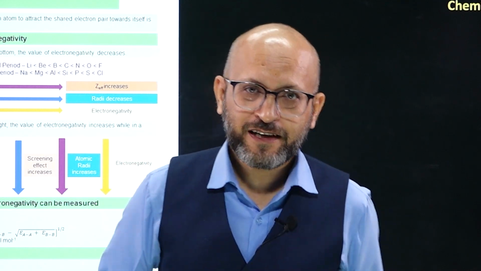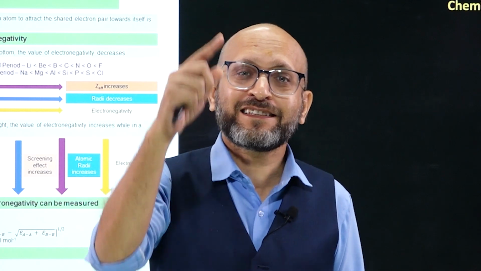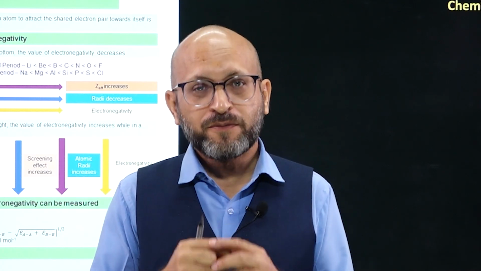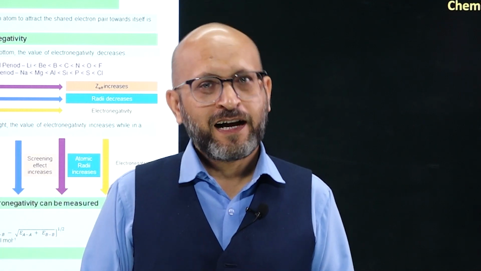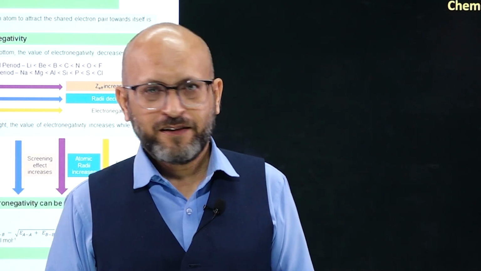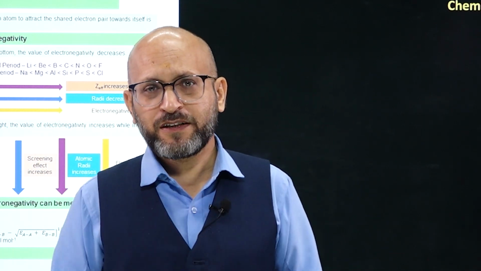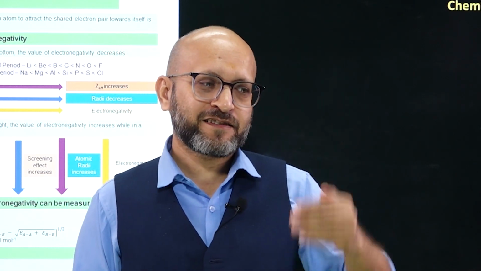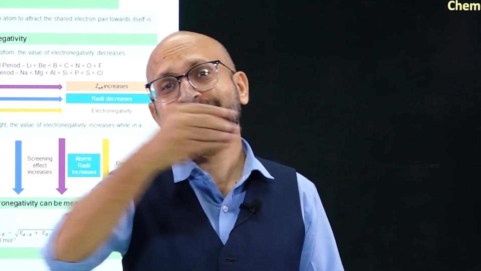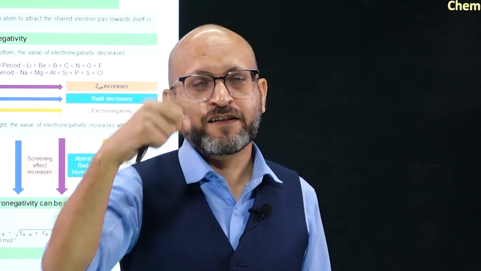If you watch in a group, the electronegativity of an atom keeps on decreasing down the group, and across the period, electronegativity keeps on increasing. I'll tell you a trick to remember the physical and chemical properties in this chapter. Let's say you remember atomic radius: it increases down the group and decreases across the period, and other properties just reverse it.